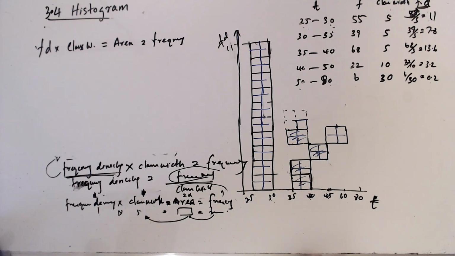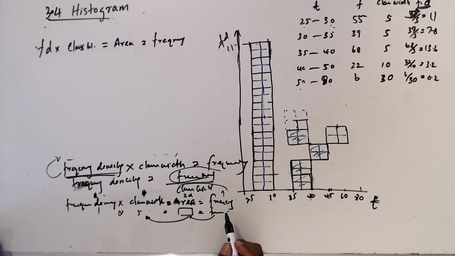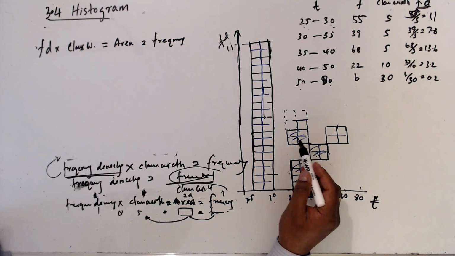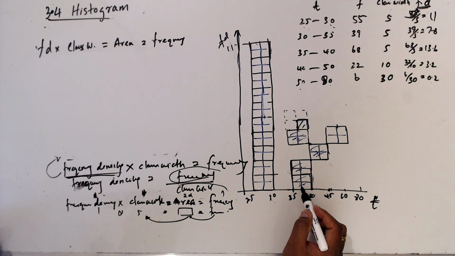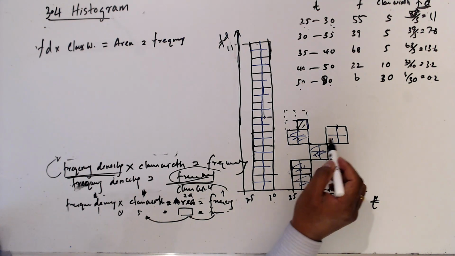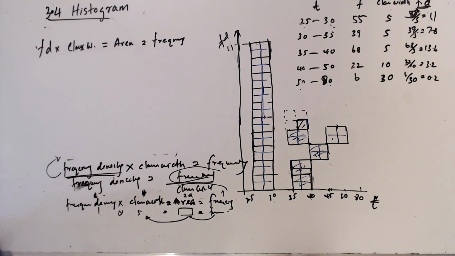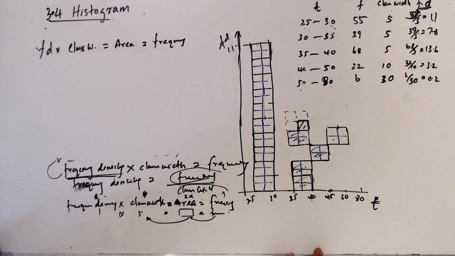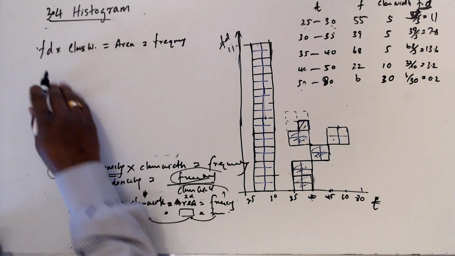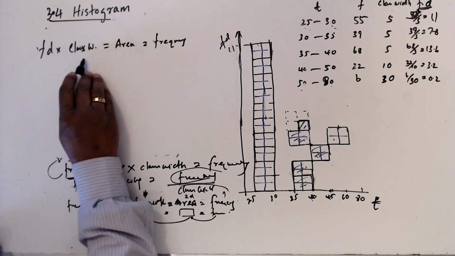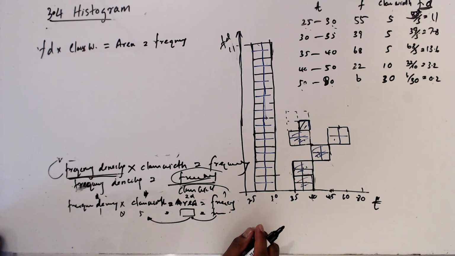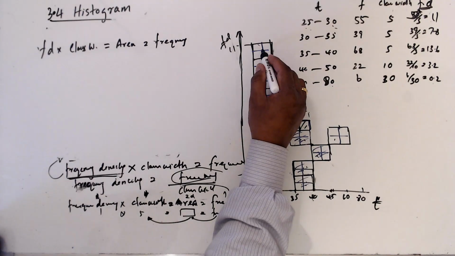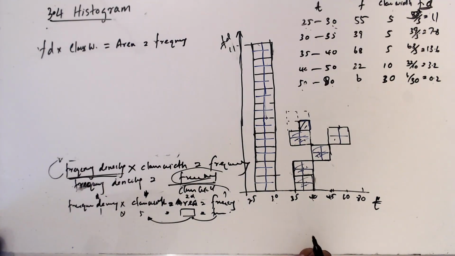Now next one is this. I need to calculate this one, this one, and with the 1/4 of box, what is the frequency. Now how do you do this one? I wrote this equation: frequency density times class width equal area equal frequency. Now I divided this one box into 4 small boxes.